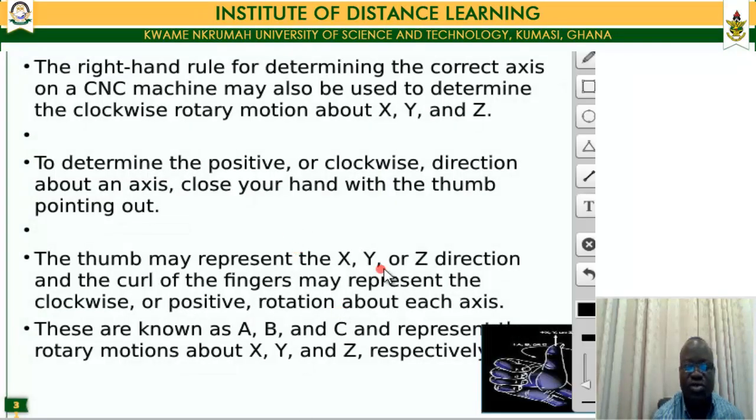Now, if you want to determine the direction of rotation of the tool or the spindle, you want to determine a positive or clockwise direction. It's like showing how the hand is displayed in the video.